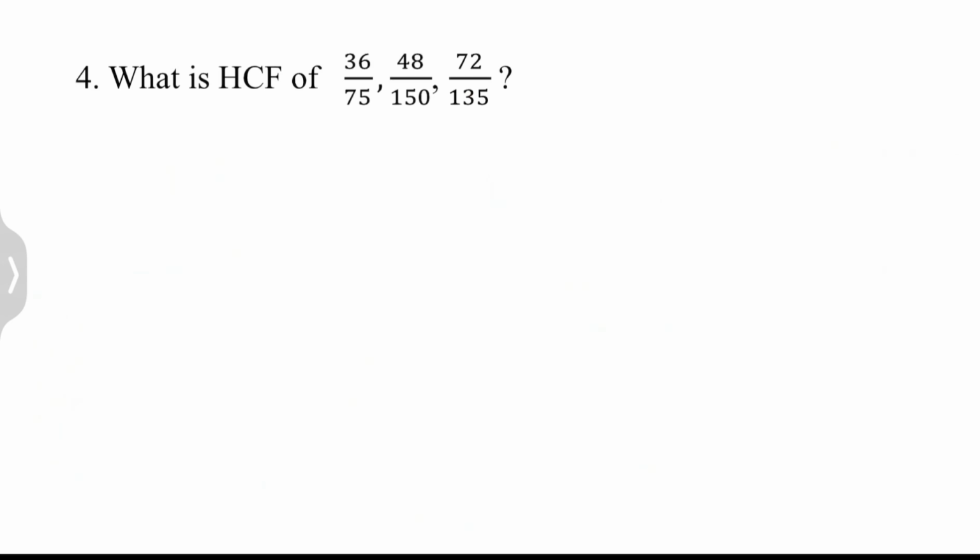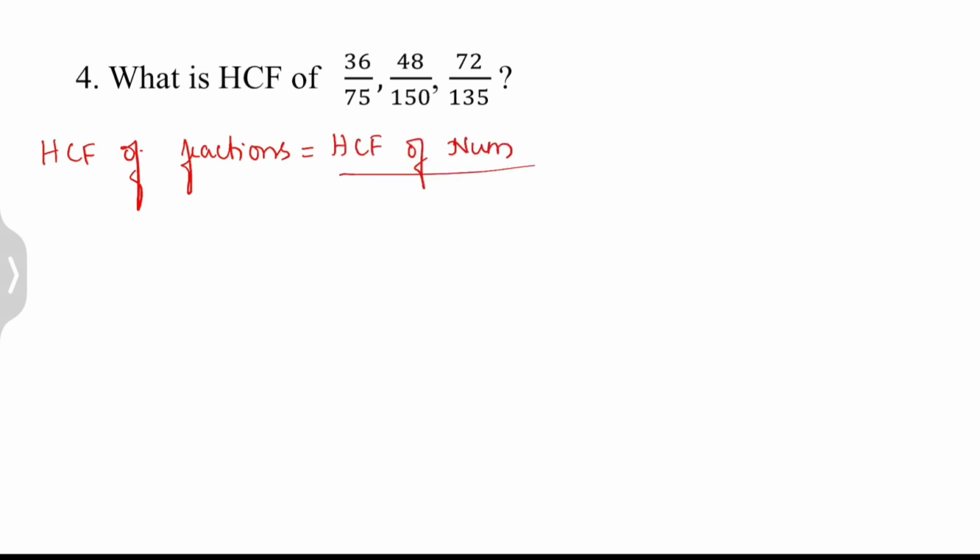What is the HCF of 36 by 75, 48 by 150 and 72 by 135? For this again we have a formula. The HCF of fractions is given by the HCF of numerators divided by the LCM of denominators.